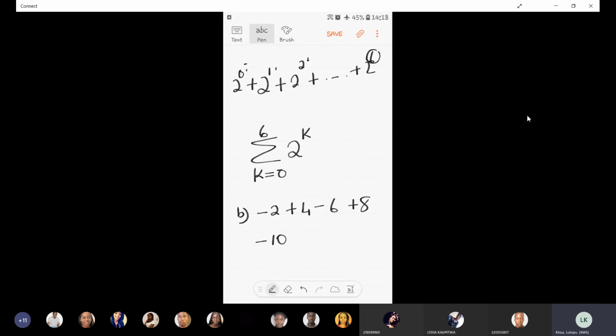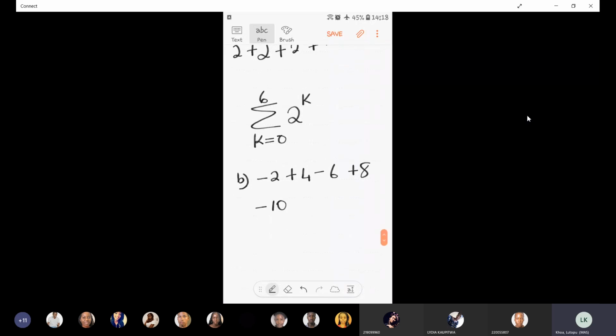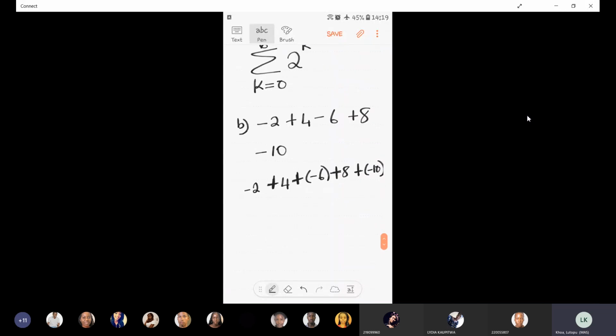The first one is negative, then I get a positive one, then I get a negative, then a positive, and so on. So here I have 5 terms. So I can rewrite them as negative 2 plus 4 plus negative 6 plus 8 plus negative 10. So I can rewrite it like this so that you can see the plus is clear over there, that this is indeed a sum.